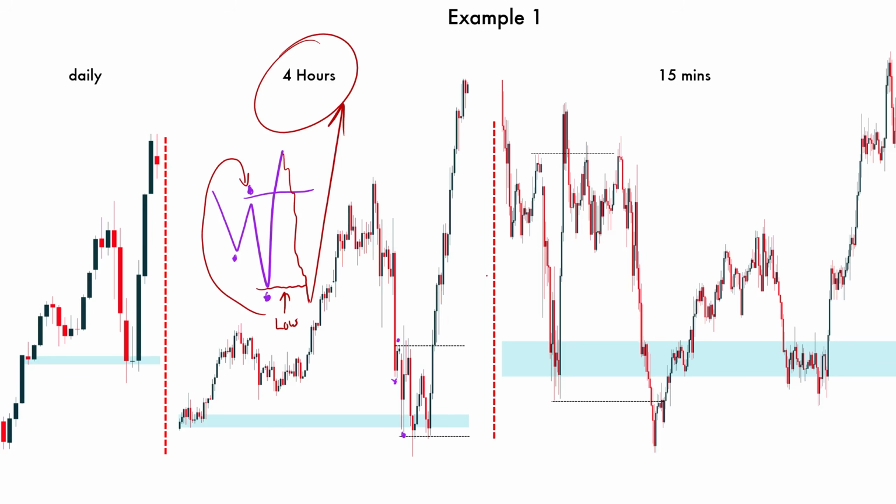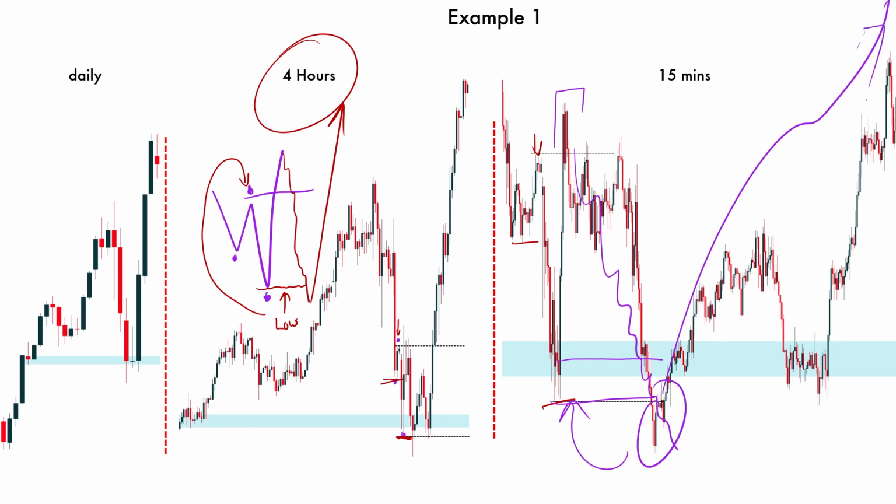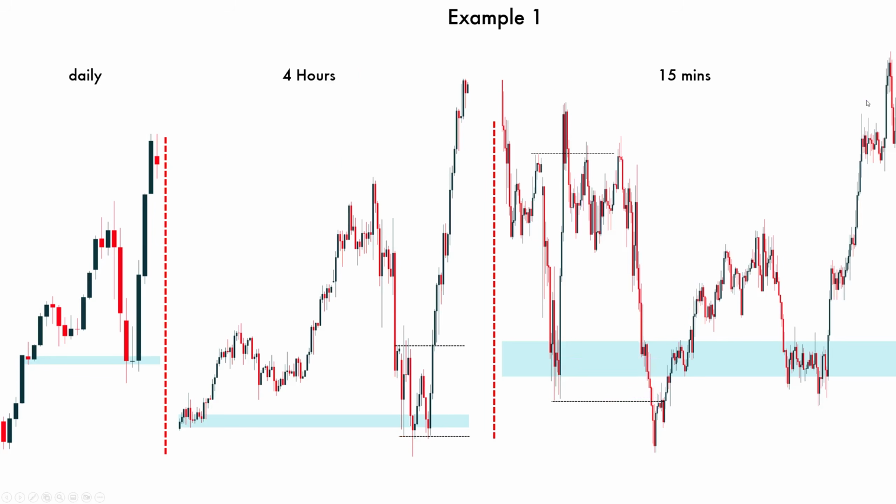So from here, we have this high, and then we have this low, and then we have this low. When price breaks to the upside, you are not looking to enter the market right here. You are looking to trade below this low here, and then you enter the market to the upside. That's how I do my top-down analysis when I want to make my entries so precise.